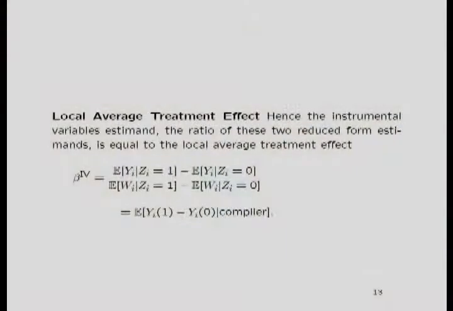So given that we can estimate both of these averages separately, we can estimate that difference. And that's what we call the local average treatment effect, the average effect for compliers.